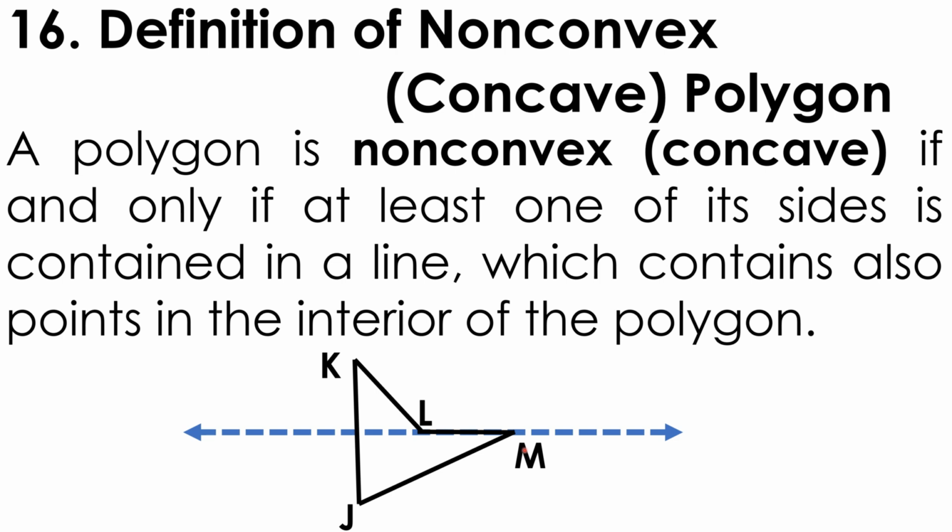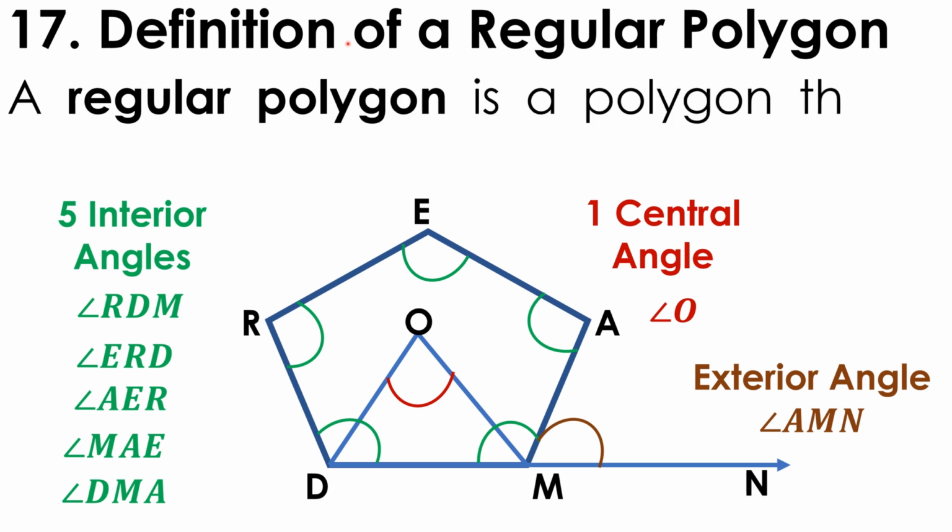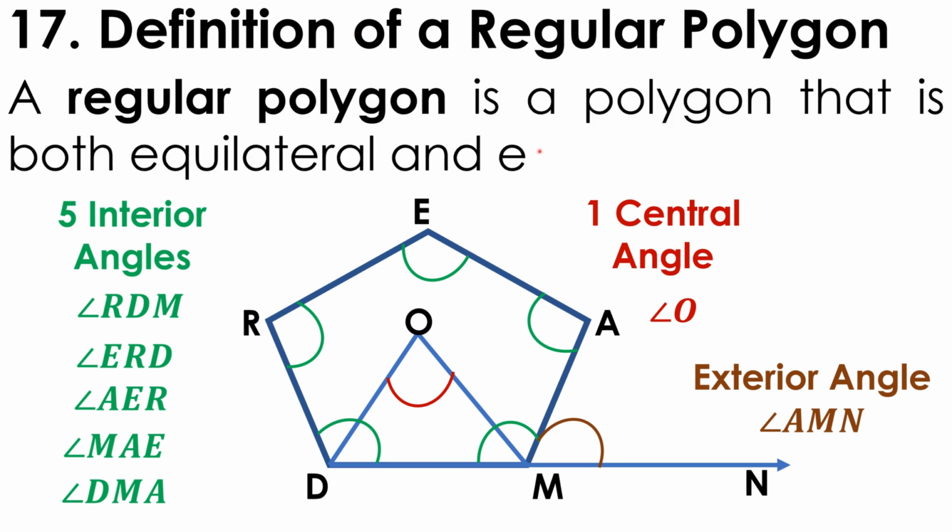Now let's proceed to the 17th definition, which is the definition of a regular polygon. A regular polygon is a polygon that is both equilateral and equiangular. When we say equilateral, this means equal sides, and equiangular means equal angles. Now we have here the regular polygon DREAM.